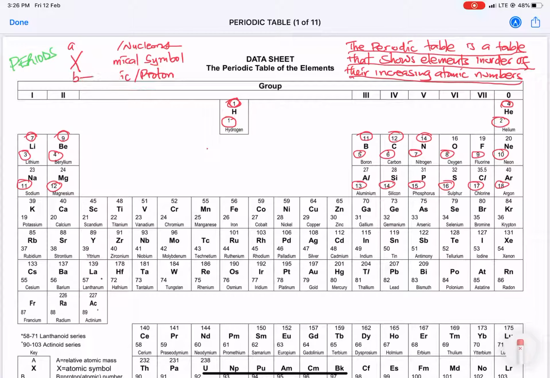Allow me to erase these. So periods, these are horizontal rows of the periodic table.